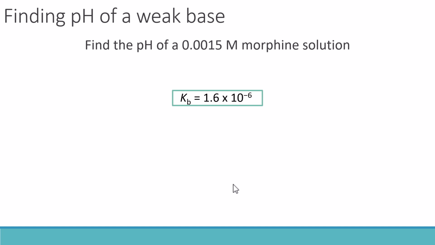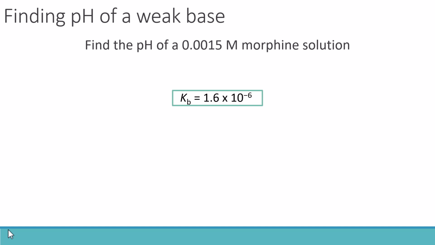Okay. The other twist with bases is that they tend to have formulas that are really, really long. So let me show you a tip, trick, tool that you can use. You certainly are welcome to look up the chemical formula for morphine and use that in writing your chemical equation.